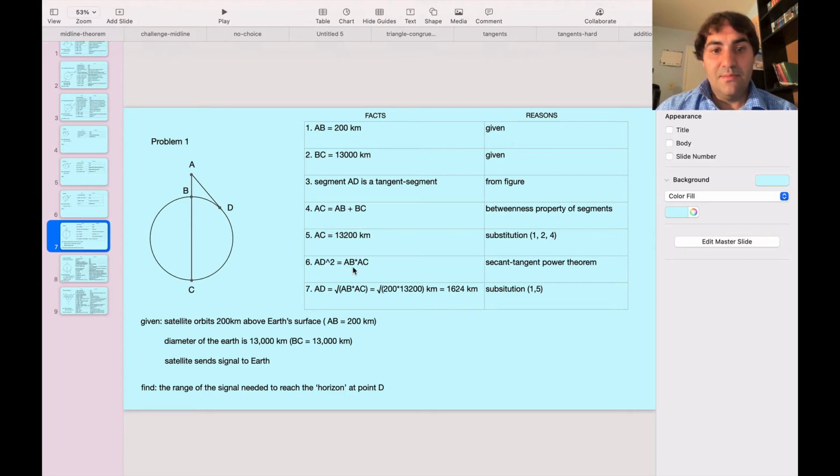AD squared equals AB times AC by the secant tangent power theorem. And then AD equals square root of 200 times 13,200, and that's going to be about 1,624 kilometers. So that's the range you need on the satellite to reach the point D.